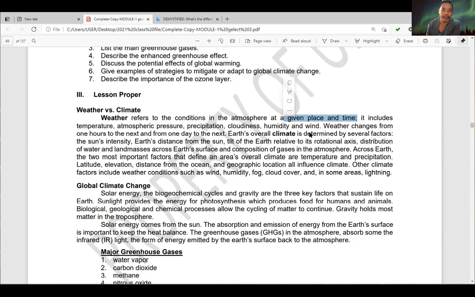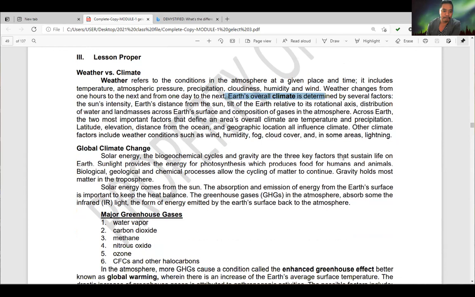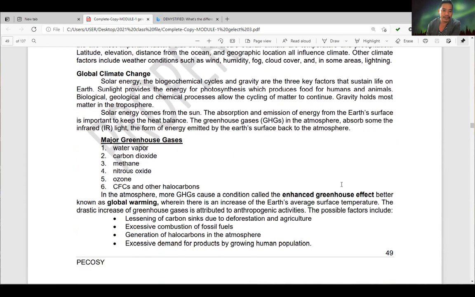You would know if there would be weather disturbances. Whereas the climate, we don't have the climate forecast, right? We only have the weather forecast. But we are aware of some issues like the climate change. Climate change should be referring to more longer time frames. Okay, so we have here global climate change.